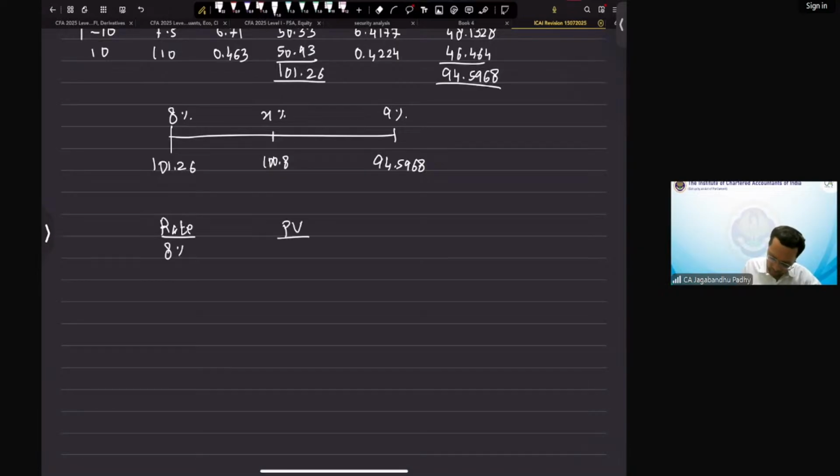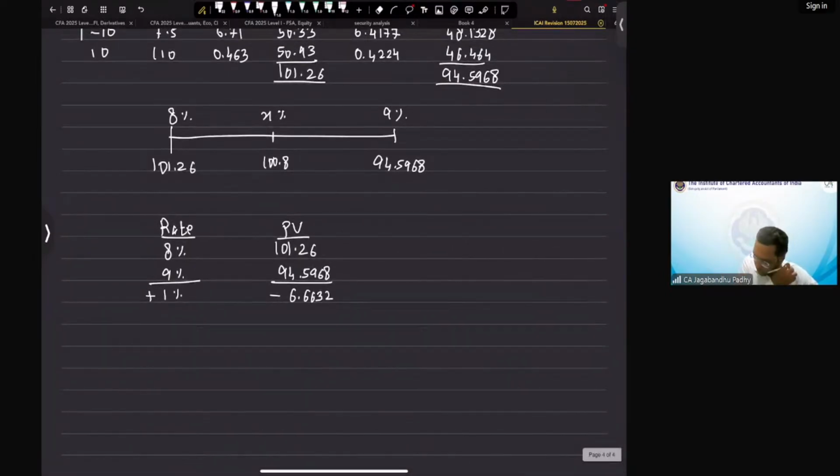We observe that at 8%, the PV is 101.26. At 9%, the PV is 94.5968. So when we increase the rate by 1%, the present value reduces by 101.26 minus 94.5968, which is 6.6632.